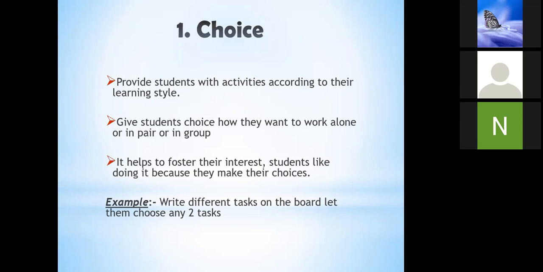So they want to do something according to their own interest. Students like doing it because they make their own choices. For example, write different tasks on the board and let them choose any two tasks. This is likely to result in beneficial outcomes.